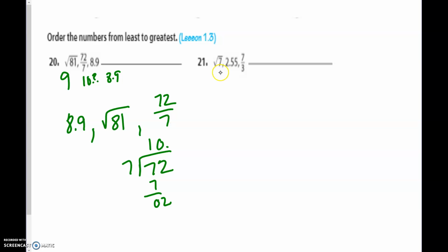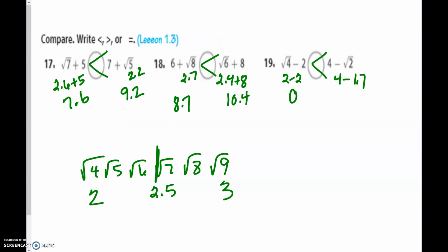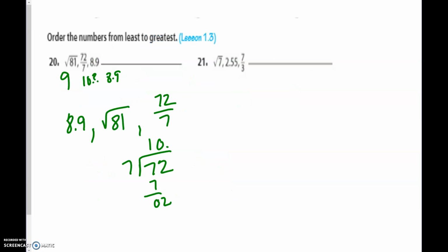Now let's look at that square root of 7. I just wrote all of those out, so let me just go back here to that square root of 7. It looks like that square root of 7 is going to be about 2.6, 2.7. Okay, 2.7, something like that. And then 7/3. So what is 7/3? Let's see, 3 goes in there twice, and do I have 1 left over?